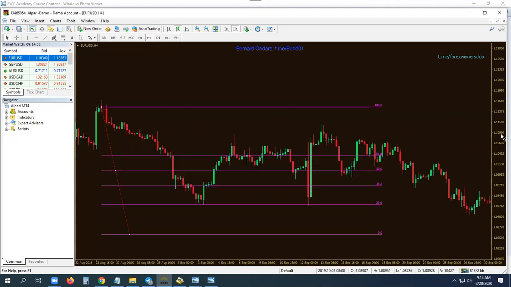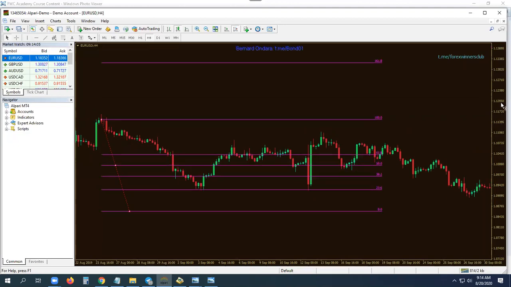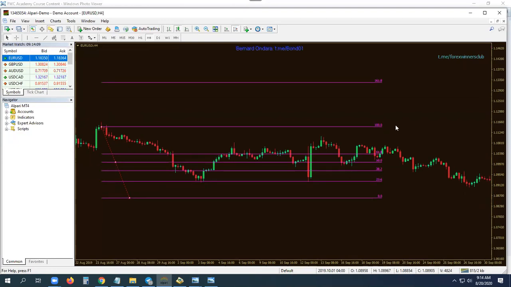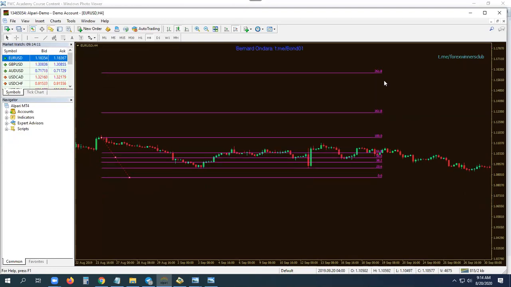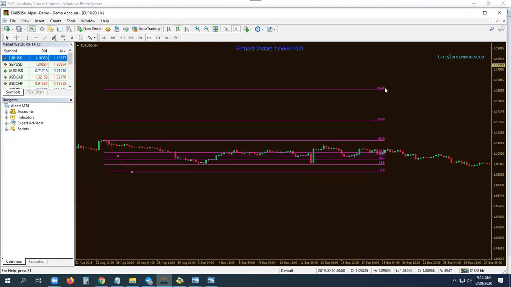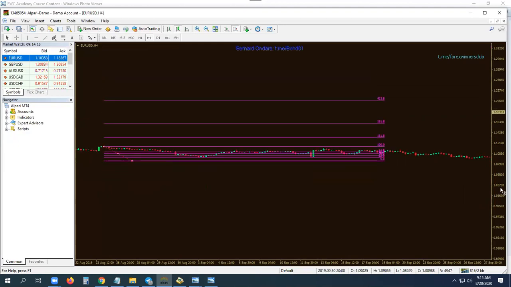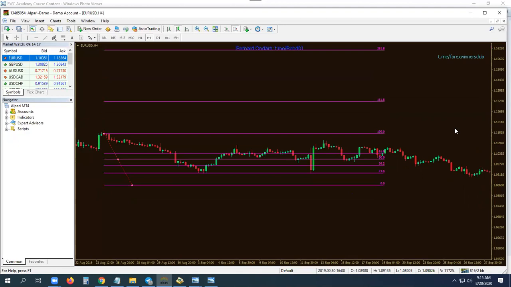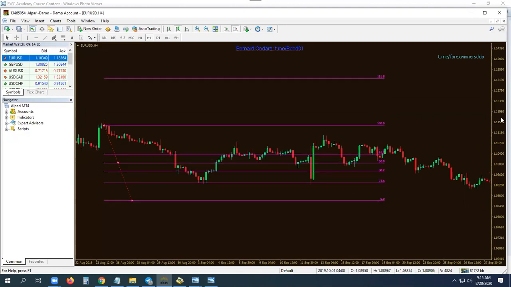Now, we only looked at 0 to 100. But if you draw your Fibonacci properly, you'll see there is 161.8, 261.8, 423.8. Now, Fibonacci numbers above 100 are known as extensions.